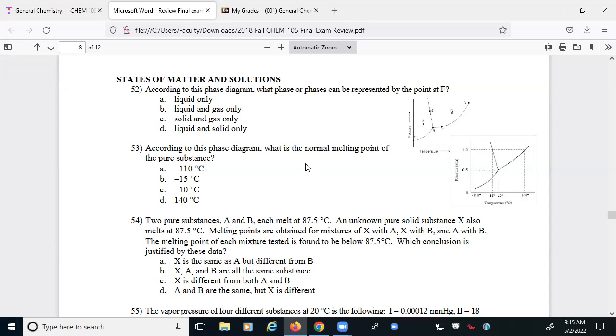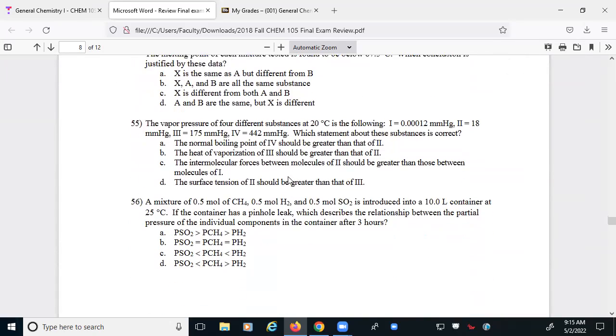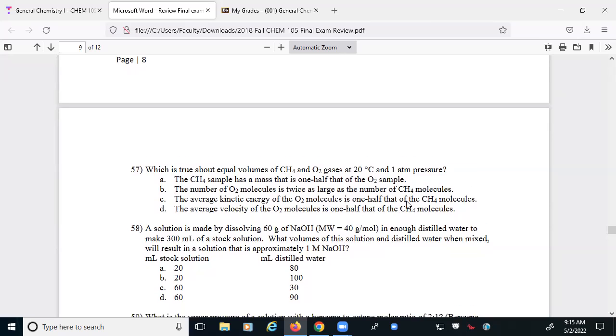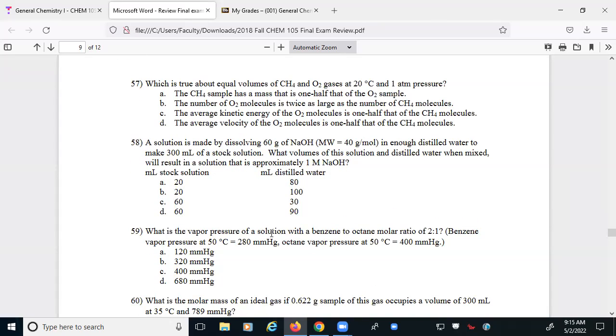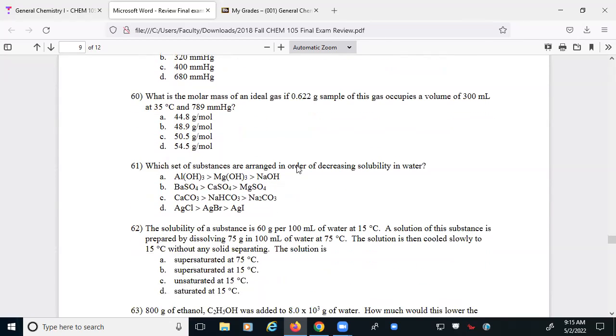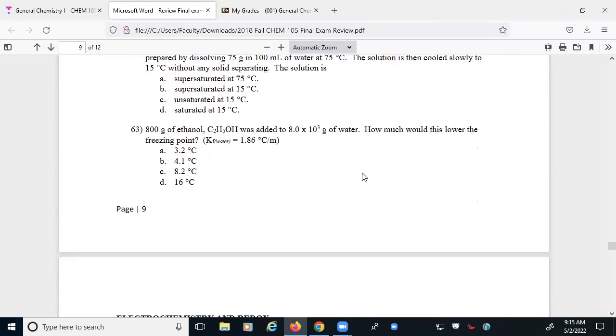Intermolecular forces, the attractions between stuff at the liquid and solid phase. Looking at some of the gas laws, looking at how to make solutions. So how to determine the concentration, molarity. Looking at colligative properties in chapter 11, vapor pressure, molality, freezing point depression, solubility in water.